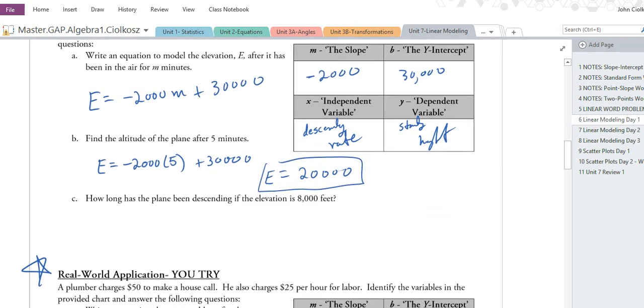Moving on, it's saying now we're at 8,000 feet. How long has it been descending? So we're finding our minutes.